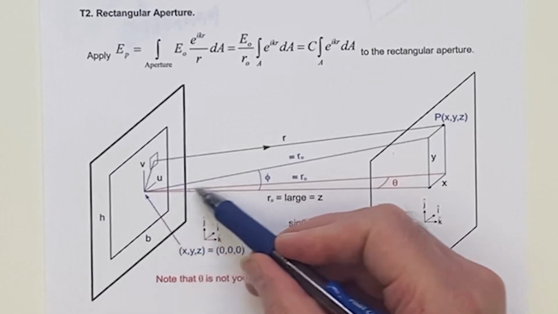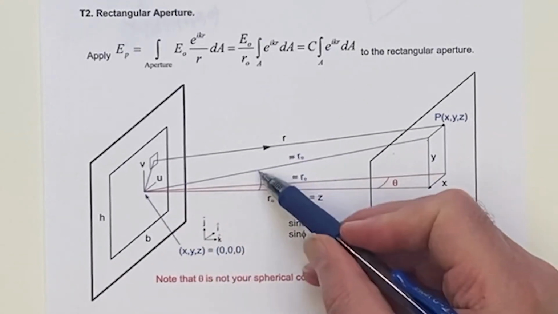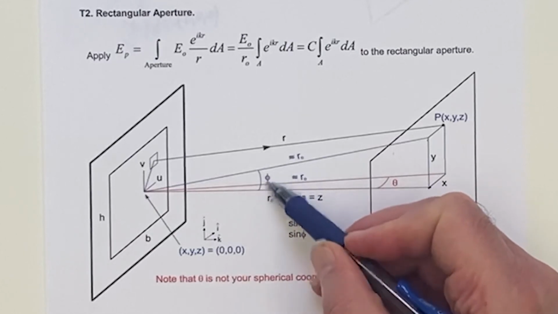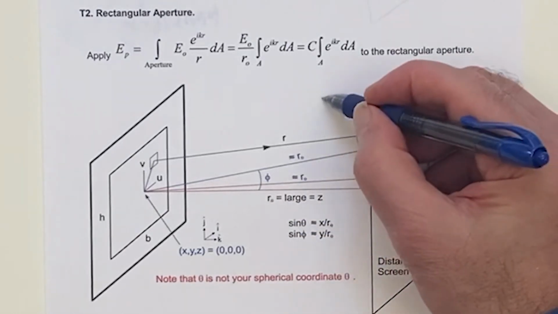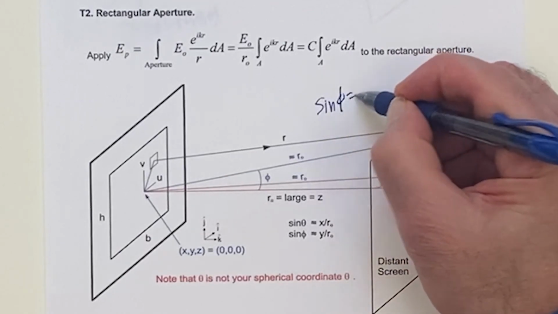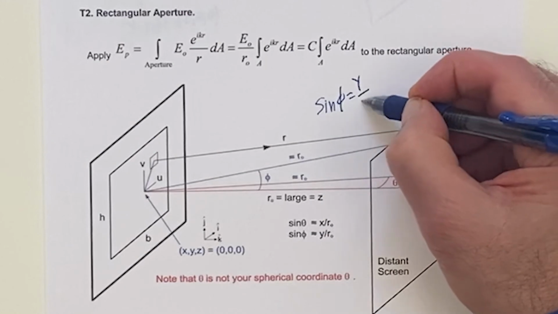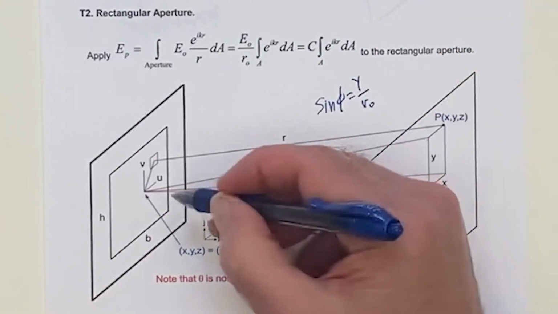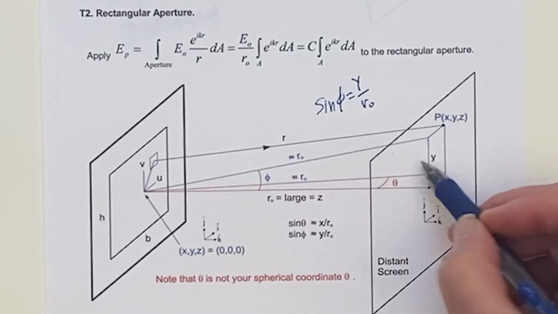I also wanted to show you the distance up from the center and call this phi, so that the sine of phi is y over r naught.